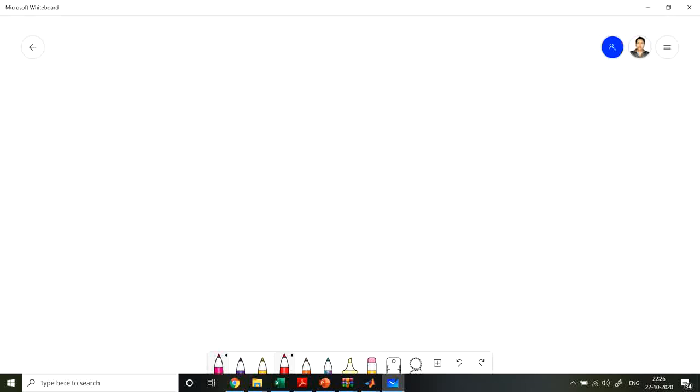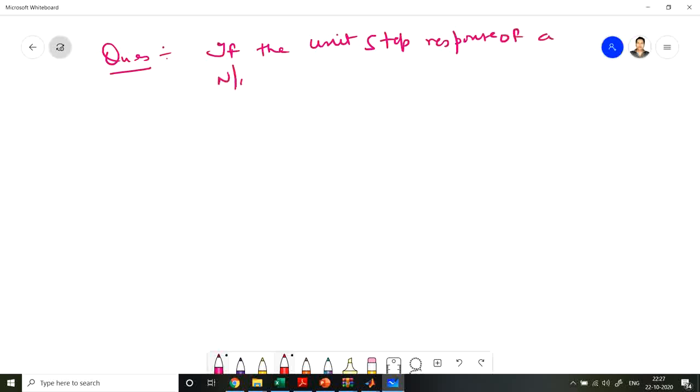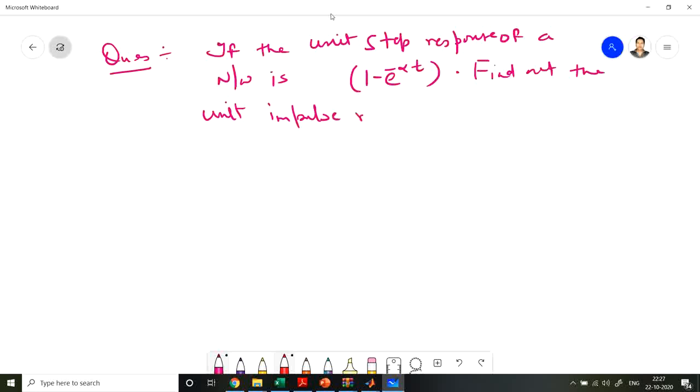Now the next problem is, if the unit step response of a network is 1 minus e raised to the power minus alpha t, then find out the unit impulse response.